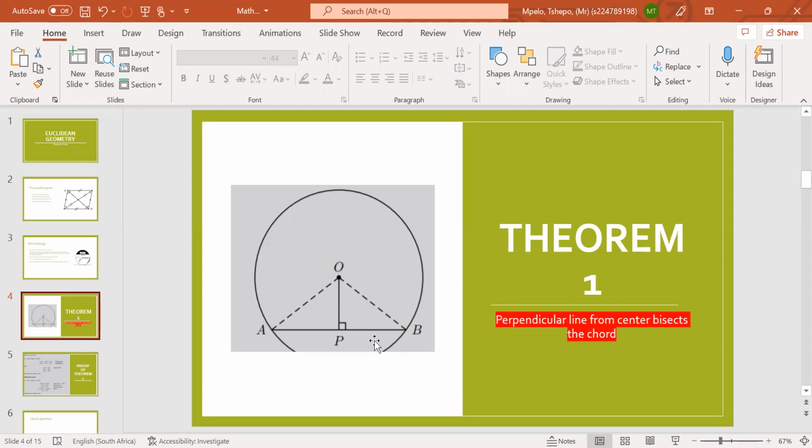So we have a side for these two triangles, a common side, then an angle, and then a side. But the angle there is 90 degrees, so we can say the qualifying reason is right angle, hypotenuse, side. I think it can also be acceptable to say side, angle, side. Those are the reasons for congruence.